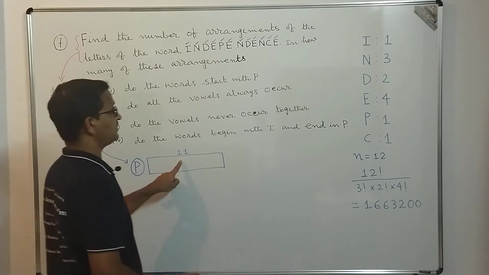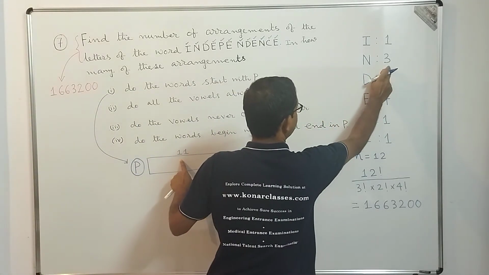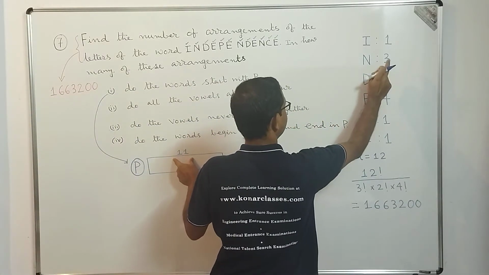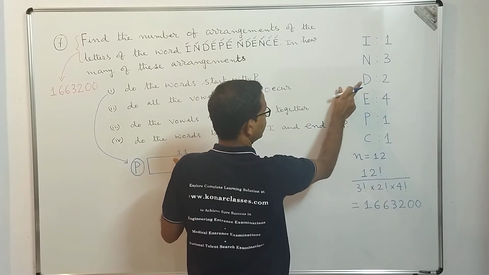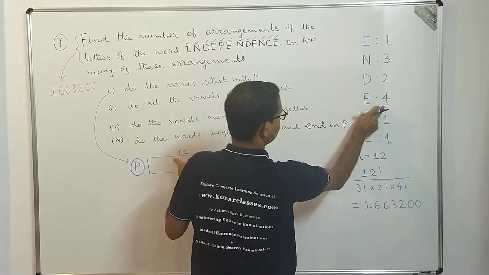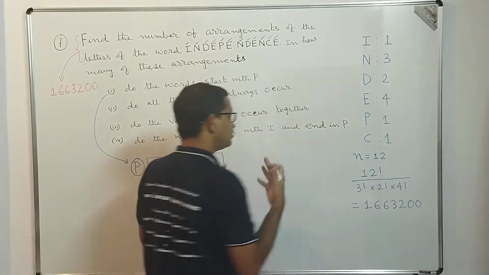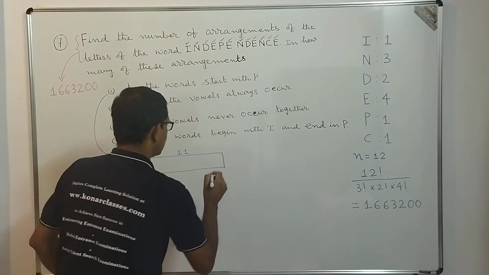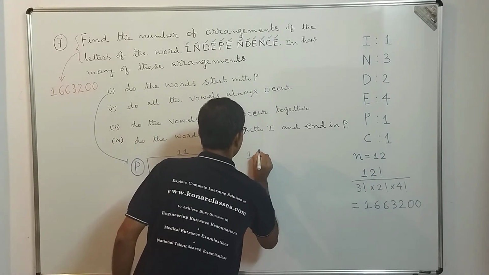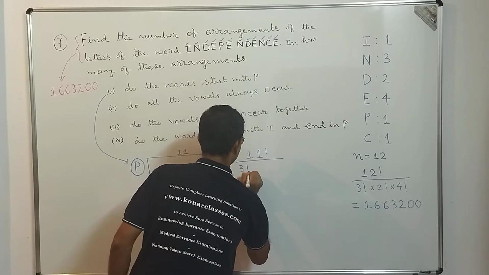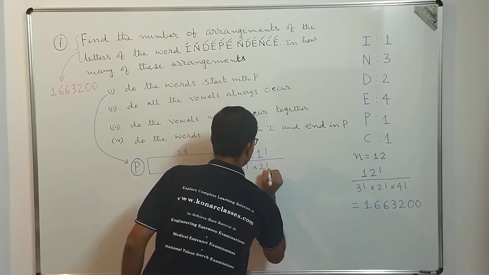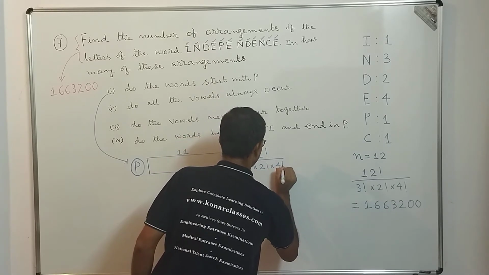Out of these 11 objects, there are 3 objects of one kind, that is n, 2 objects of another kind, that is D, 4 objects of another kind, that is E. Then what is the total number of arrangements? The total number of arrangements will be 11 factorial divided by 3 factorial into 2 factorial into 4 factorial.